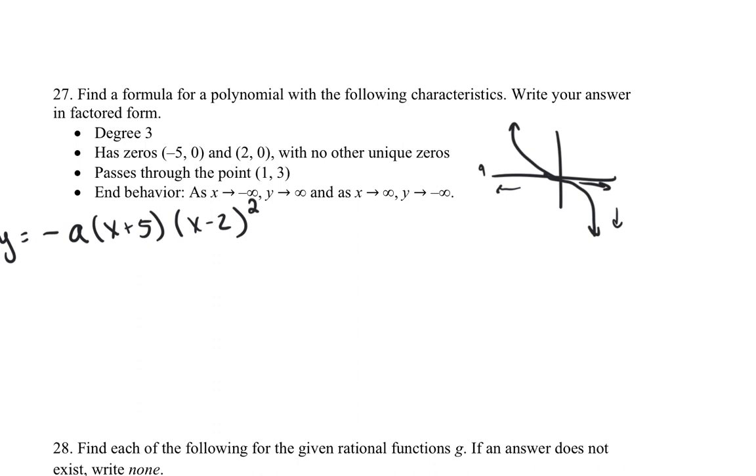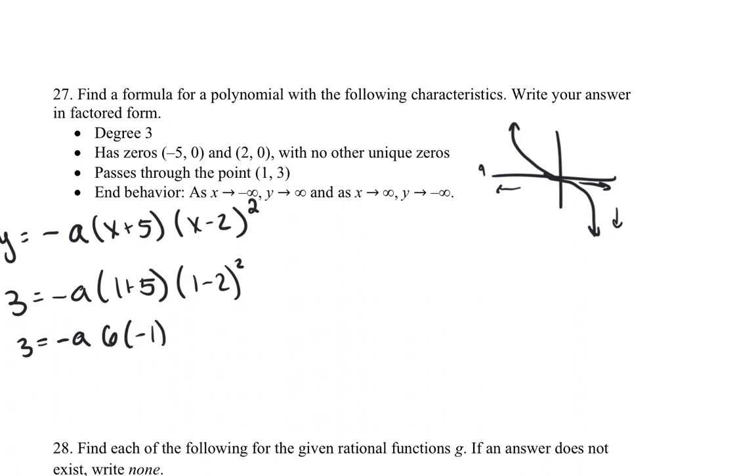And so 3 is equal to -a times -5, or -a times 6, -1 squared, which is going to be 1. So we divide that over, and a is equal to -1/2.